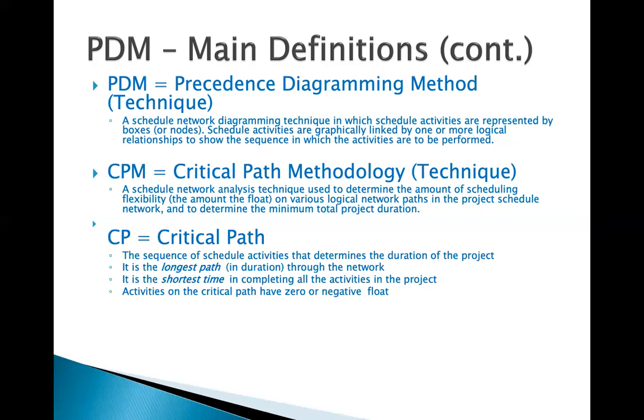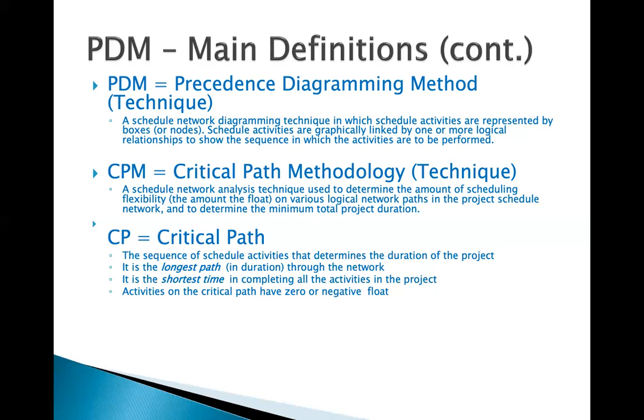The critical path methodology is also used to determine the minimum total project duration. So there are two things that we are defining using the CPM: the total duration of the project and the amount of float or slack of the project.